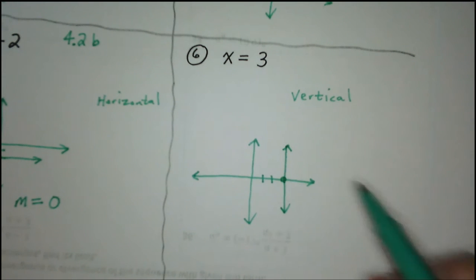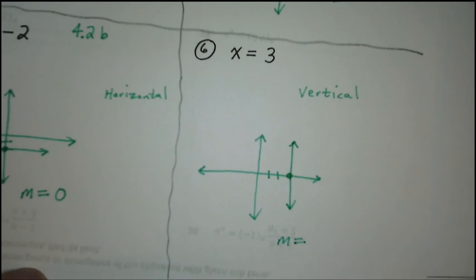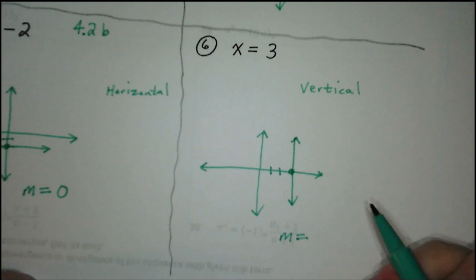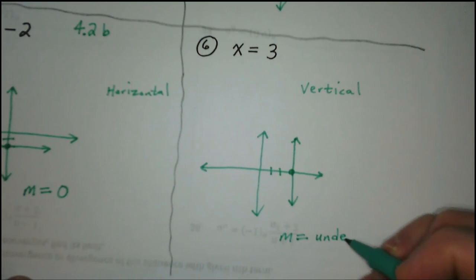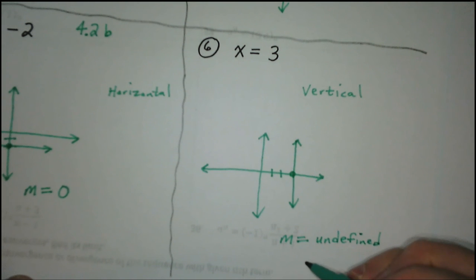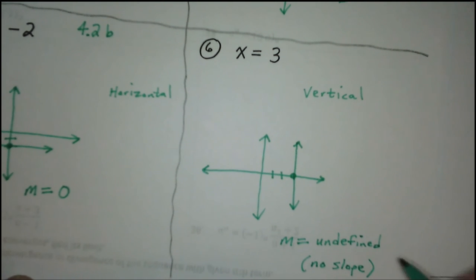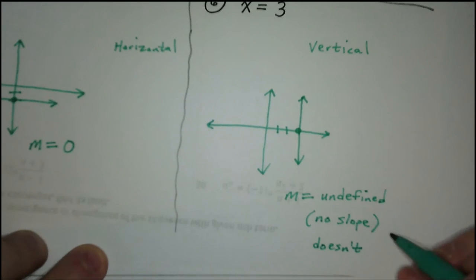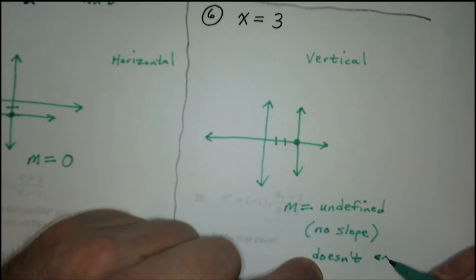So for all these, it's going to be vertical. And for any vertical line in the world, your slope is going to be undefined. Vertical lines, in other words, there is no slope at all, or your slope doesn't exist.